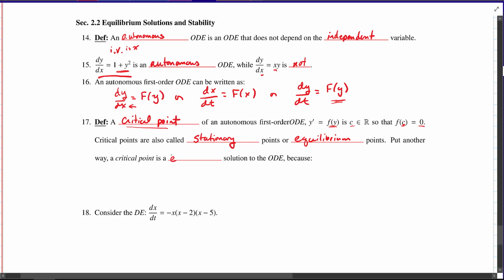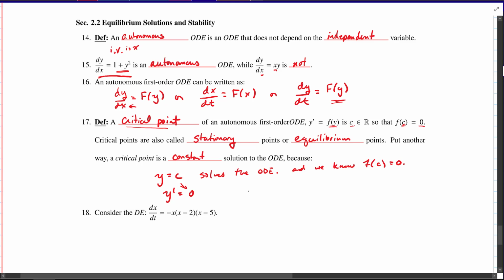Put another way, a critical point is an equilibrium solution. I'm sorry, that's true, but I want to say a constant solution to the ODE. How come? Well, because if I say y equals c solves the ODE, and we know, since it's a critical point, that f of c is equal to 0, let's just check that. If you take the derivative of your proposed solution, the derivative is 0.